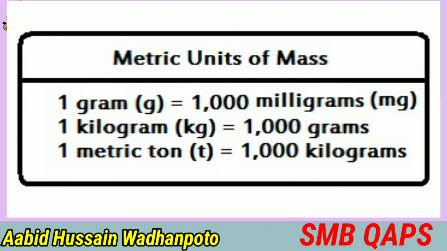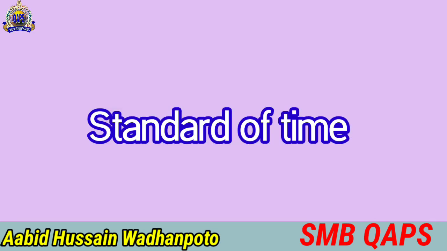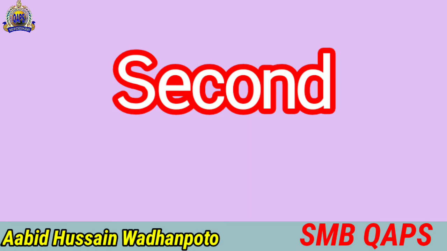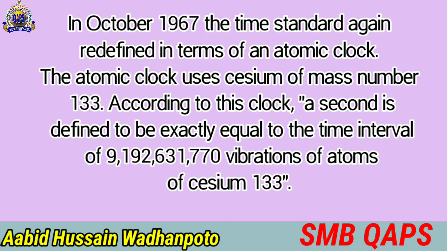Now we will talk about the next unit, the standard of time, which is called the second. The second is the unit of time. The first concept about the standard of time, the second, was given in October 1967.